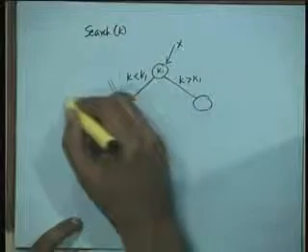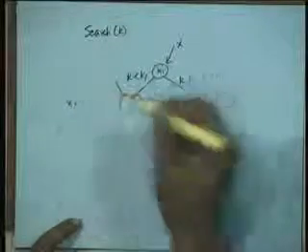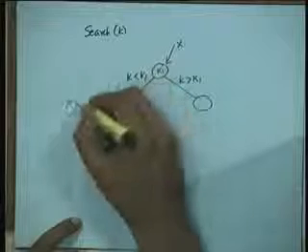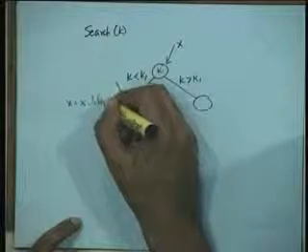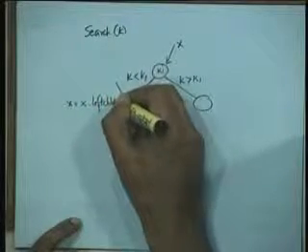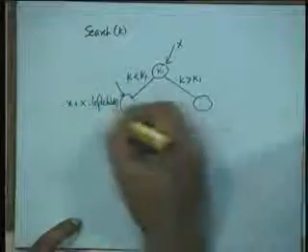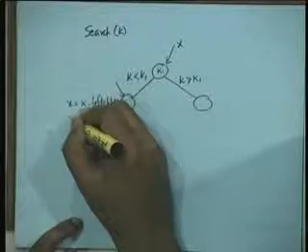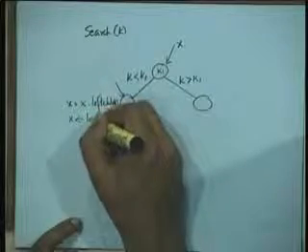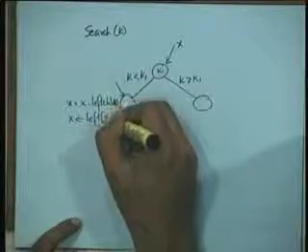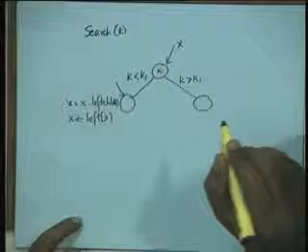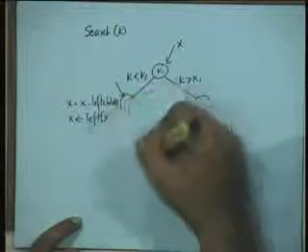So x gets a new value, which is either x dot left child, or, in the pseudocode I showed you just now, x gets left of x. I can use any one of these. So this is what it gets to, and we continue the search.